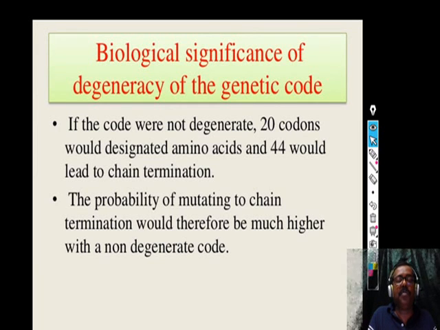That's why mutation will result, and the individual suffers from different deficiency diseases for that particular protein. We also know that enzymes are also protein in nature, so if the enzymes are deficient, then there are so many diseases which can occur. So that's why this degeneracy of genetic code is so important.